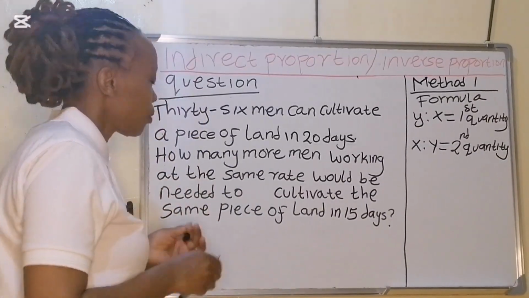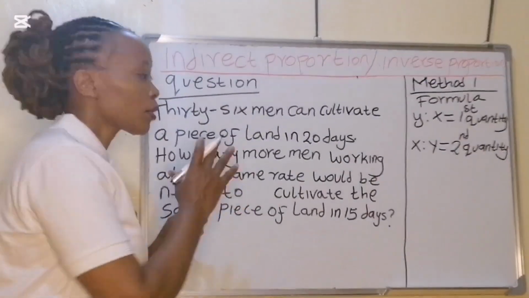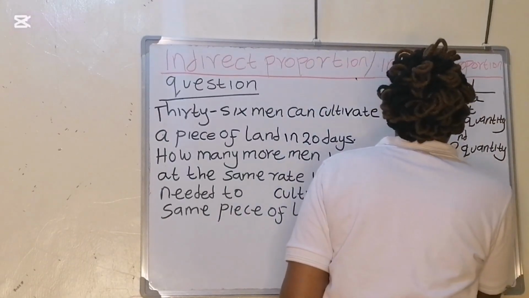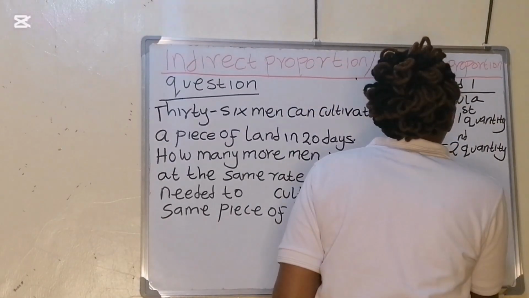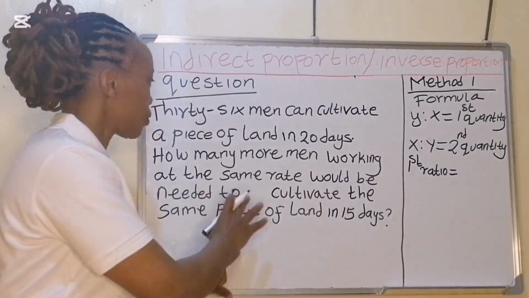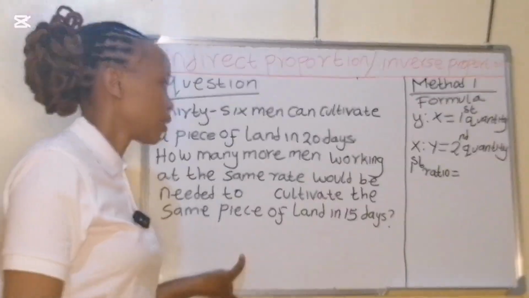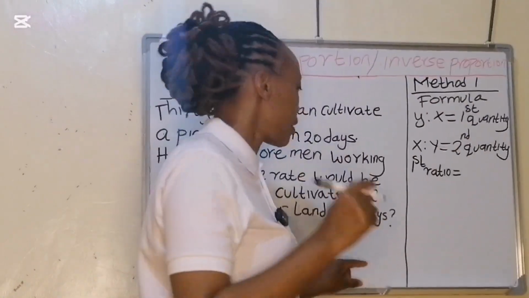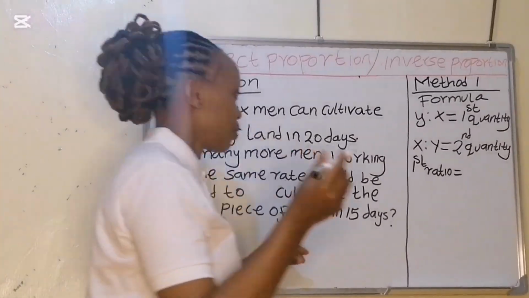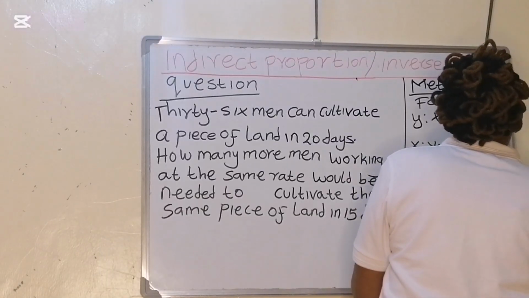So the first ratio, looking at this question, it's 20 days, it decreases to 15 days. So a decreasing ratio is written like this. You start with small, then big. New, then original. So the new is, now we have been told, 15 is to 20.